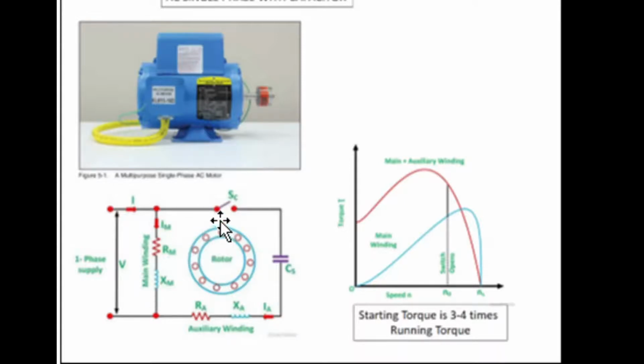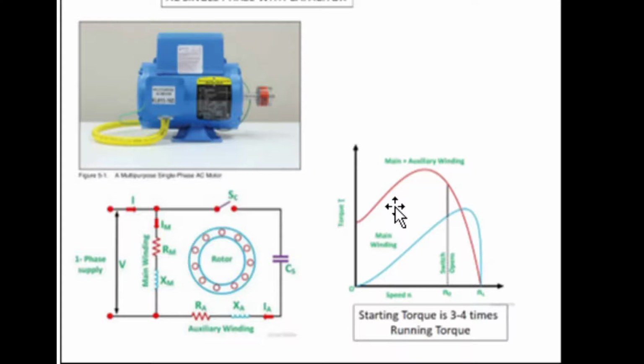So at low RPM, the start switch is closed. As we get up to speed, the centrifugal force opens up the switch, cuts out the capacitor and start coil, and then it just operates on the run coil. So looking at the torque trace, which is here on the right, the red is the torque developed by the starting coil. The blue is the torque developed by the run coil.